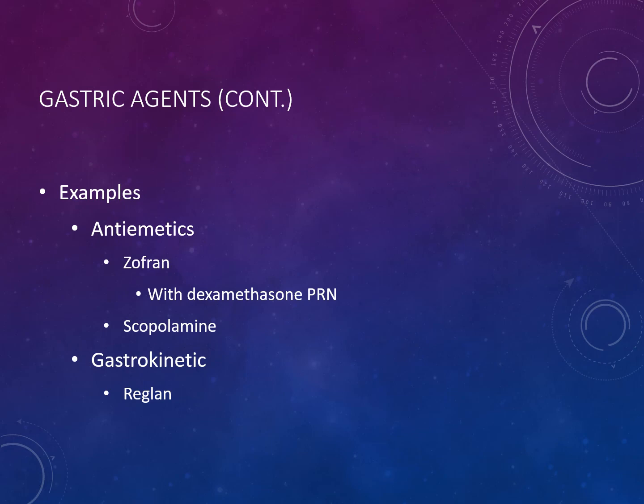There's also a subclass of gastric agents known as antiemetics and gastrokinetics. Antiemetics like Zofran are given preoperatively to reduce nausea and minimize the possibility of vomiting, and they also reduce post-op nausea and vomiting in at-risk patients.